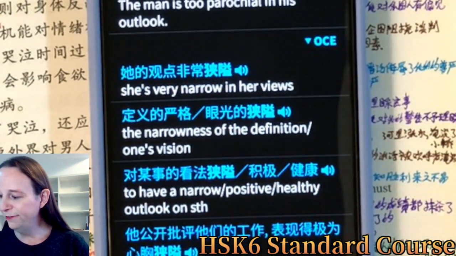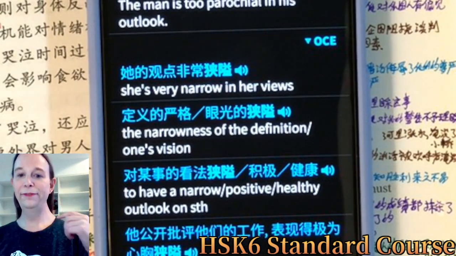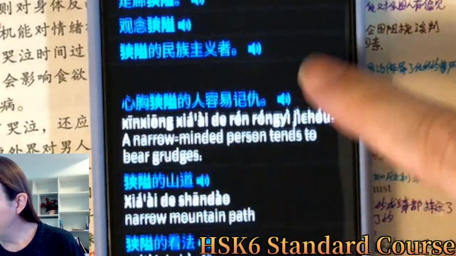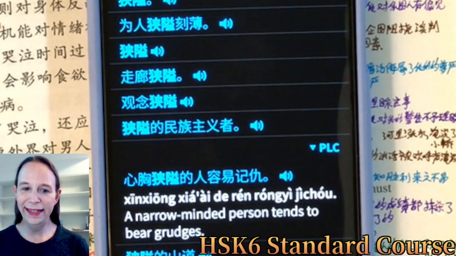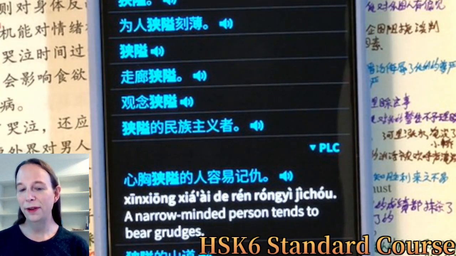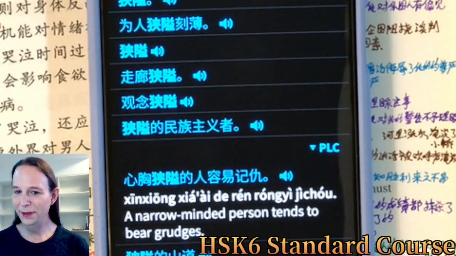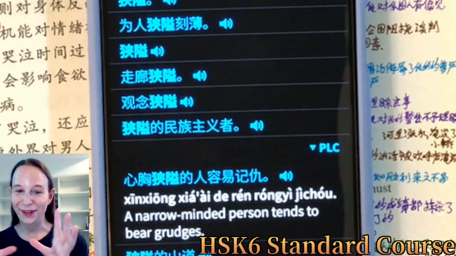Yeah, 她的观点非常狭隘. Okay, so her point of view. So when we saw 观念, maybe that's in the sense of 观点. So it's your point of view is narrow. So you wouldn't say that in English. You would say that person has a narrow worldview.